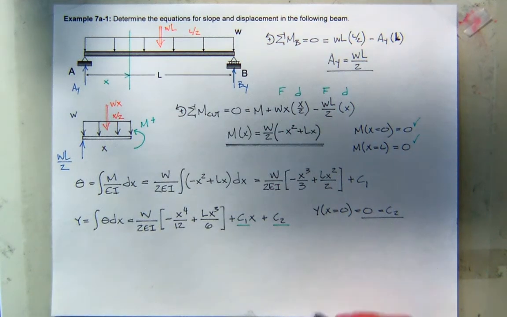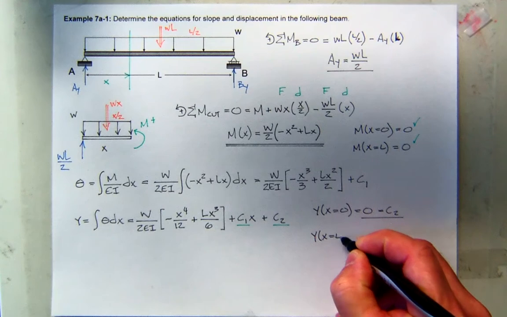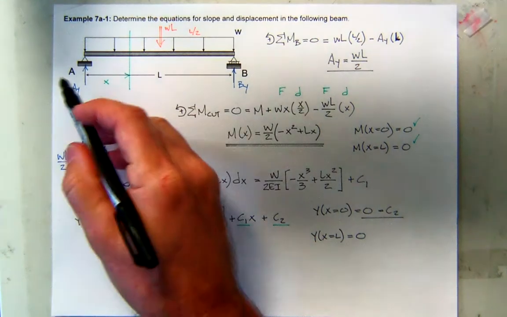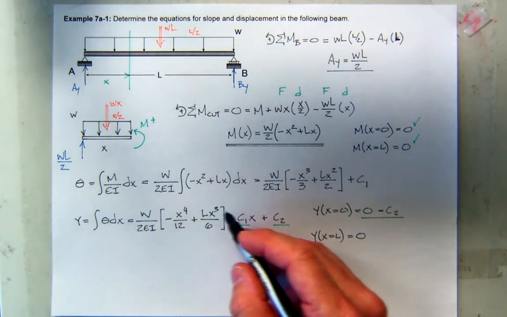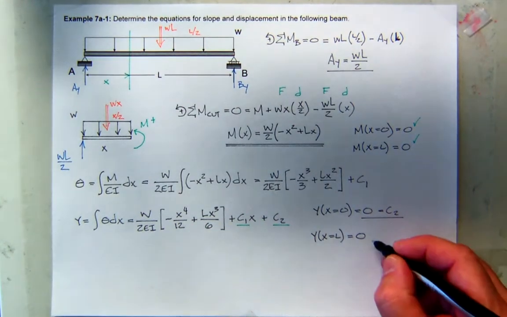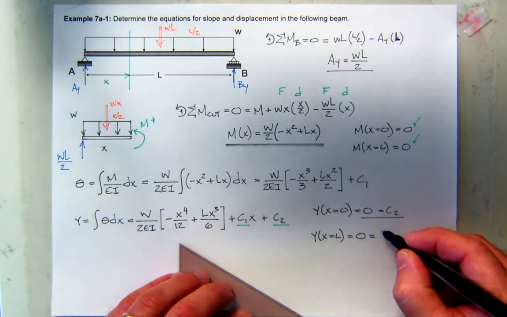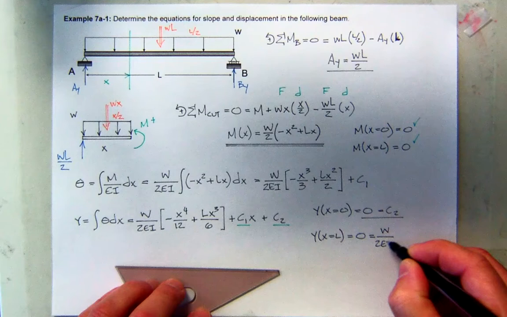My next expression is that at x equal L, it's 0. Right? Over here at B. So I've got to put in x equal L in here and set that equal to 0. Well, let's see what we get. So I've got W over 2EI. That's my constant.